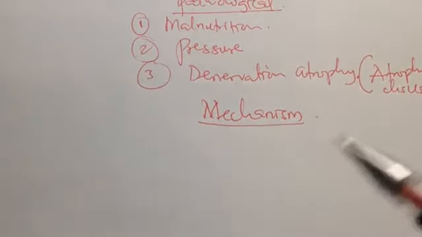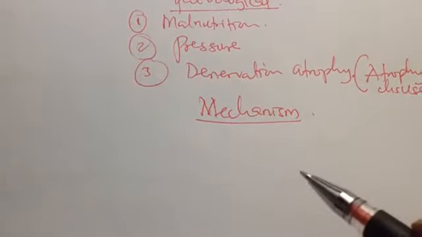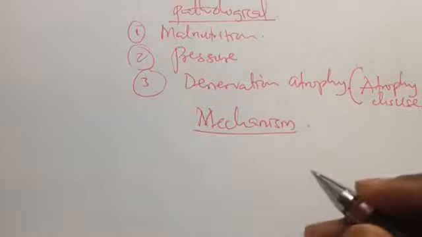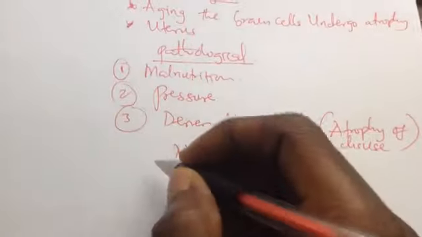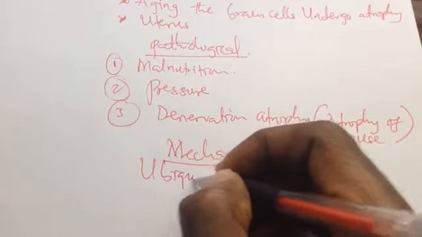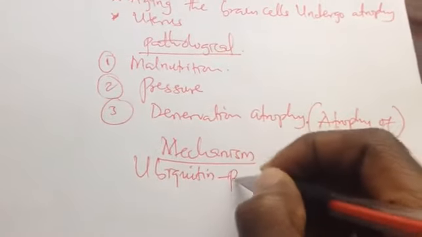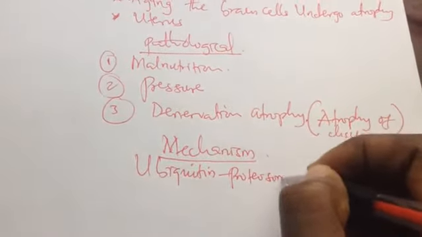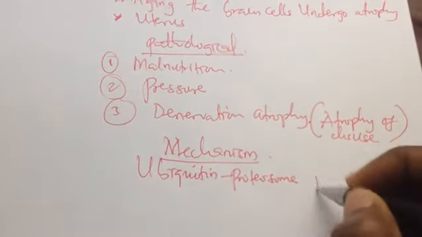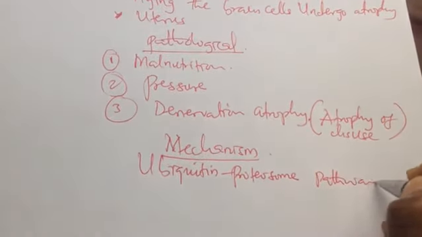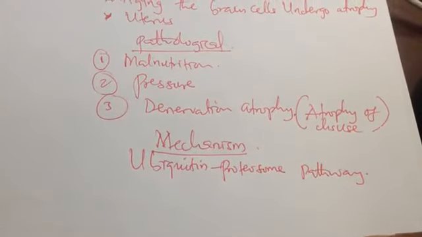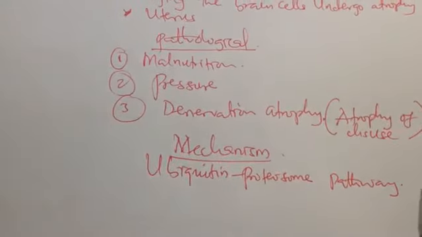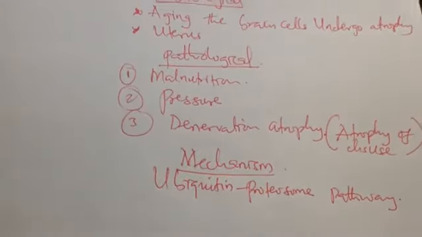For example, in hypertrophy, we said that the cells increase the synthesis of protein, but in atrophy, they decrease the synthesis of protein via a mechanism called the ubiquitin proteasome pathway. They degrade their own protein from the cytoplasm inside the proteasome. So that makes the cells undergo shrinkage.